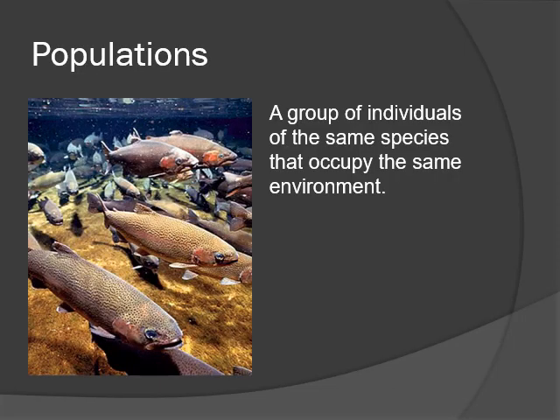What is a population? A population is a group of individuals of the same species that occupy the same environment at the same time. Do you guys know what these are? And if you say fish, I will smack you. Salmon. Yeah, they're salmon, ugly little creatures.